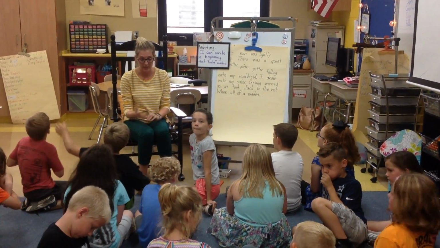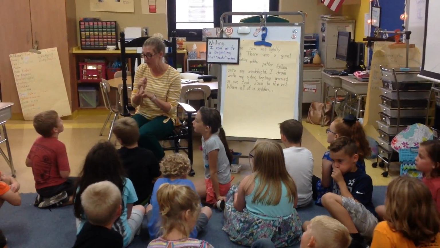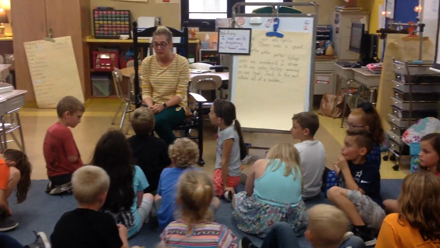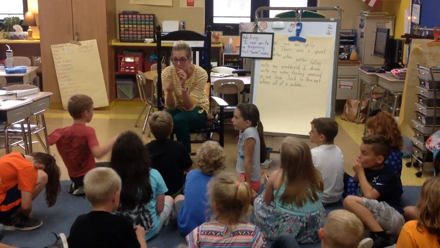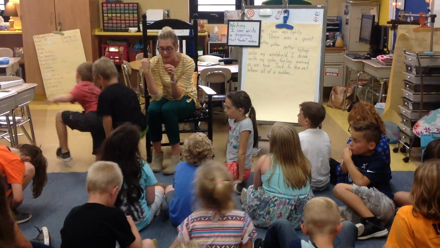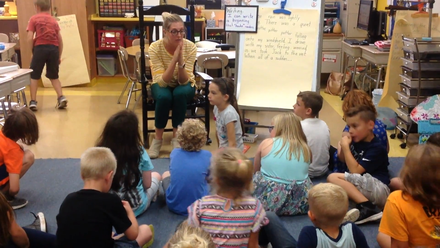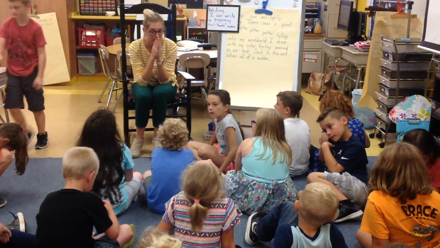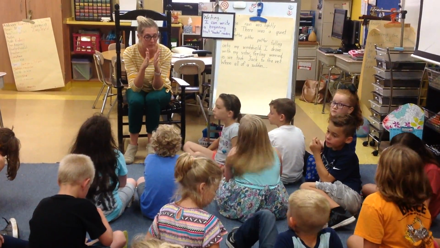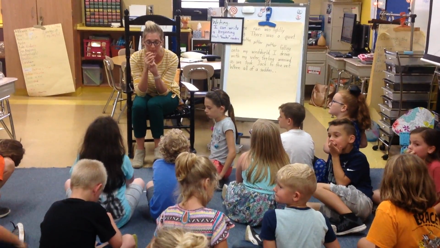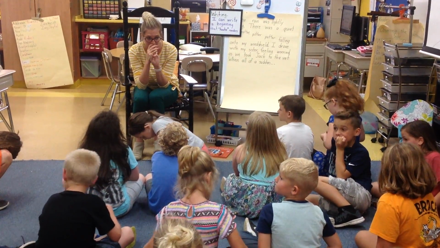All right, I need Austin and Amari. Go pick out paper. Austin, go get a piece of paper and come to my desk. Okay, I believe in all of you as writers. You can write a good beginning that has an action, talk, or setting that makes a good beginning.